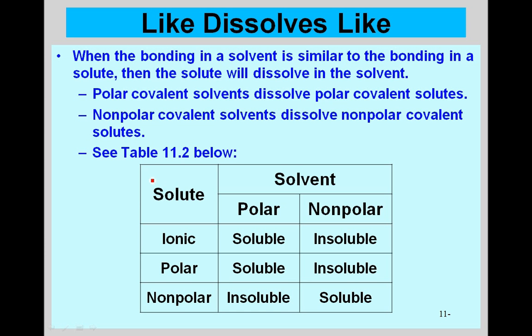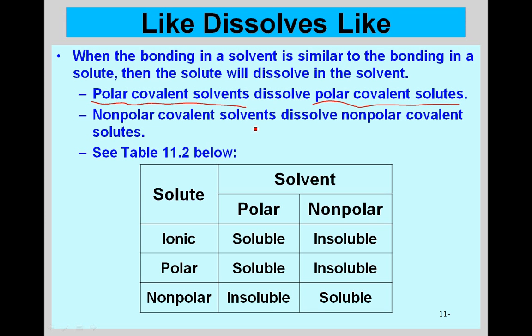Now you may have heard "opposites attract," but in this case, like dissolves like. That means that if you have a polar covalent solvent or liquid, it will dissolve polar covalent solutes. So polar solvents dissolve polar solutes, and the same for nonpolar.